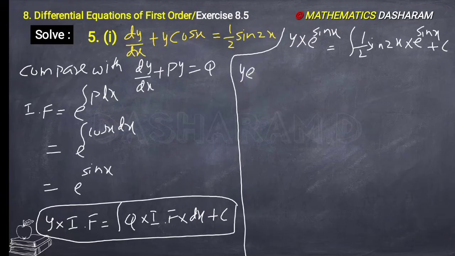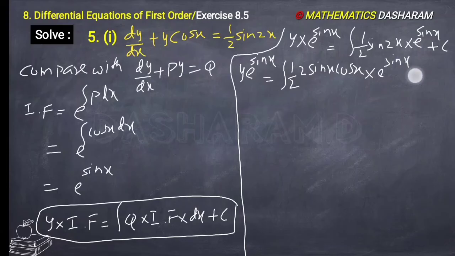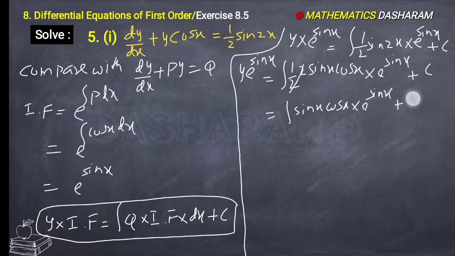So y into e to the power of sin x equals integration 1 by 2, here sin 2x formula is 2 sin x into cos x, into e to the power of sin x plus c. So here 2 cancels, integration sin x into cos x into e to the power of sin x plus c.